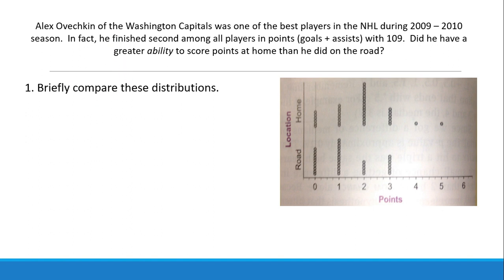So number 1 says briefly compare the distributions. So our shape, they're both skewed right. Our outliers. Home has 2 possible outliers.